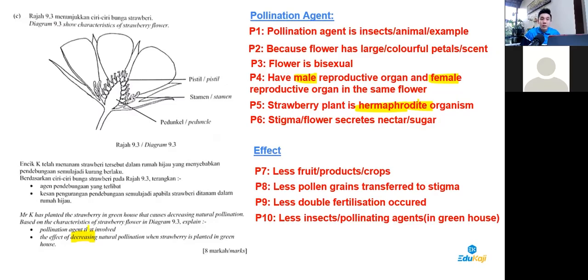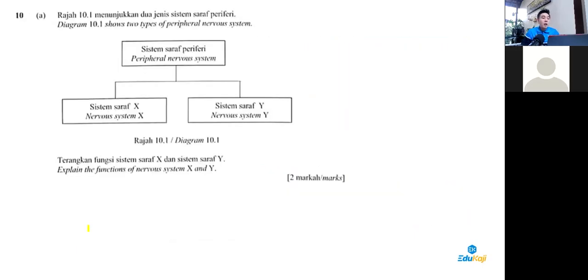Okay, guys, you can pause and copy. I need to move on to question 10 for those who have completed. Now, question 10 is from Form 4, Chapter 12. Form 4, Chapter 12, okay, nervous system X and Y. Guys, nervous system X and Y. One is somatic, one is autonomic, but they didn't ask you the name, they asked the function. So be very careful.